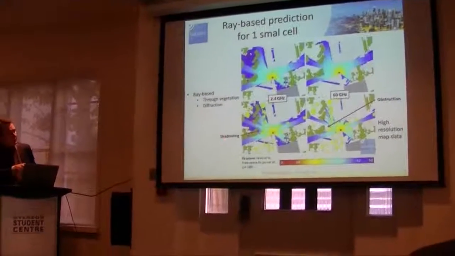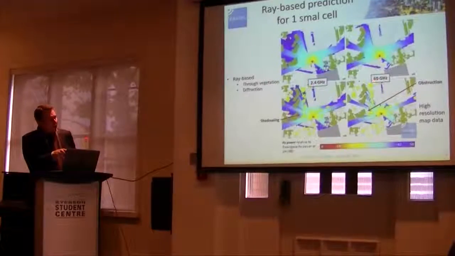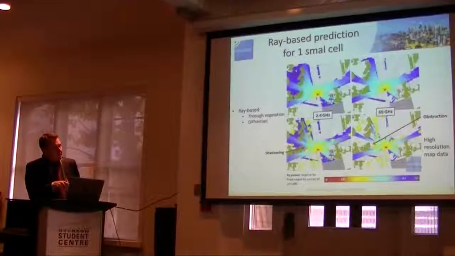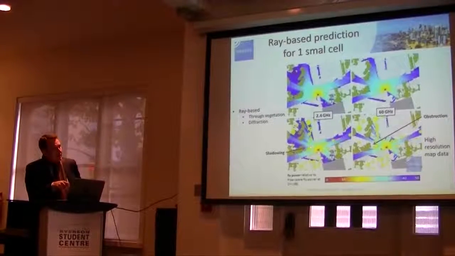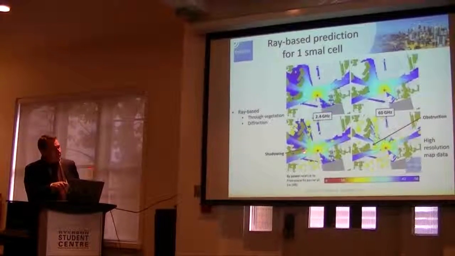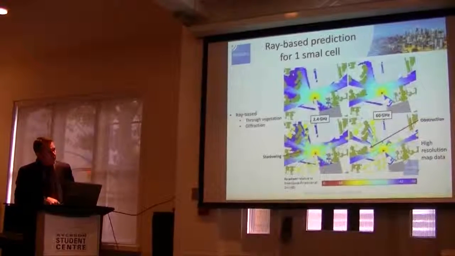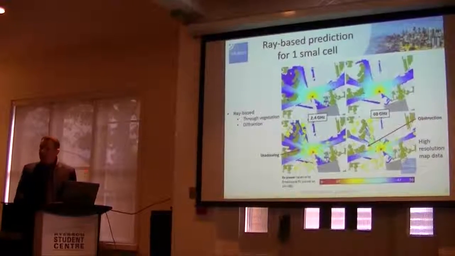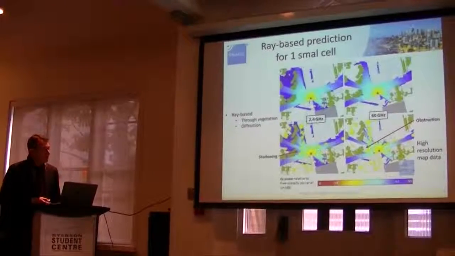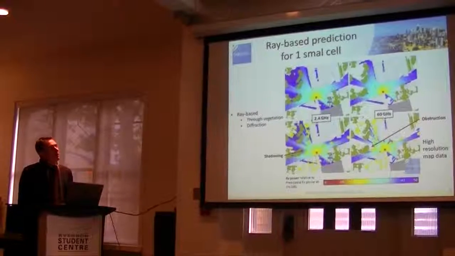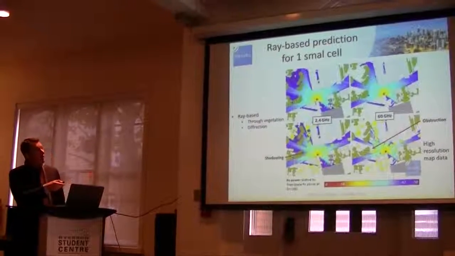And so here you see the impact again at 2.4 and at 60, but with those little trees that are better represented. And obviously there is a big difference, because you have different scattering and different obstruction that occur. And so obviously the performance of the network and of the small cell deployment will also be different.